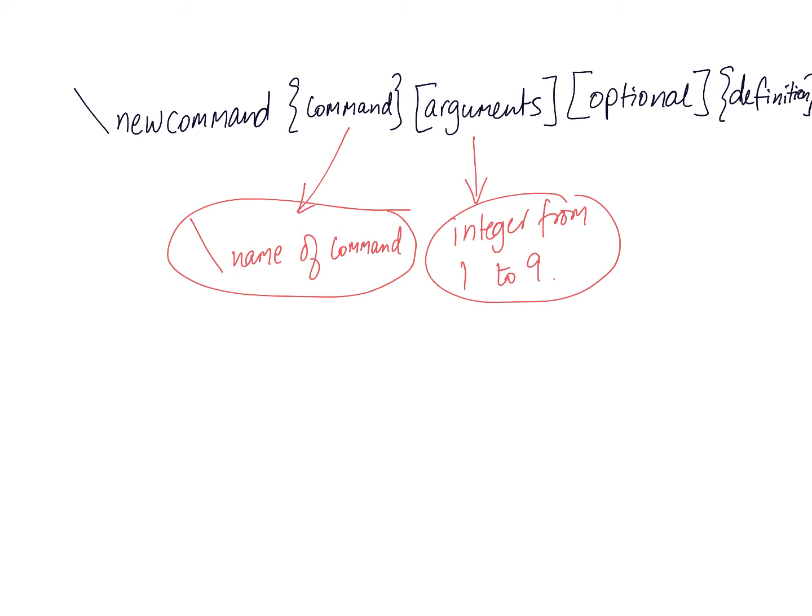And then the definition: every occurrence of the command will be replaced by the definition, and every occurrence of the form #n will then be replaced by the nth argument. So if you put #1, it will take the first argument. If you put #2, it will take the second argument, and so on. So let's just put #n. This is using logical formatting, and you can use this as an advantage in writing your code.